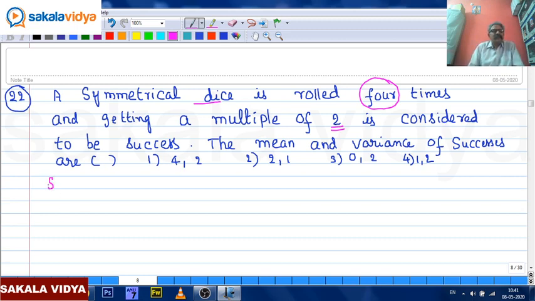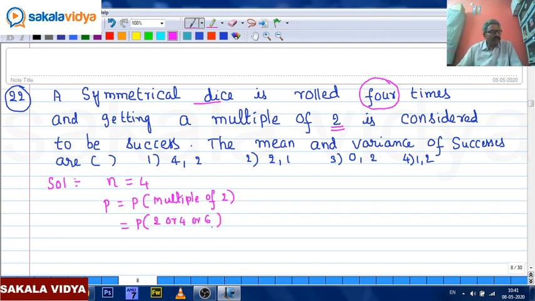So, solution: n equals 4 times dice is rolled, p is equal to probability of getting multiple of 2 when a dice is rolled. That means probability of getting 2 or 4 or 6. Probability of getting 2, probability of getting 4, probability of getting 6. So, that means 3 cases.